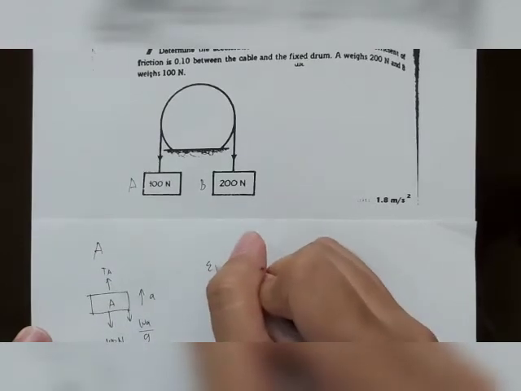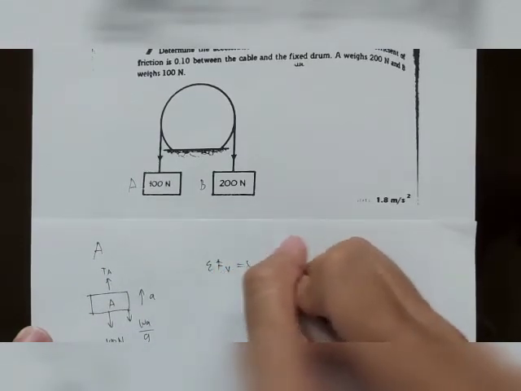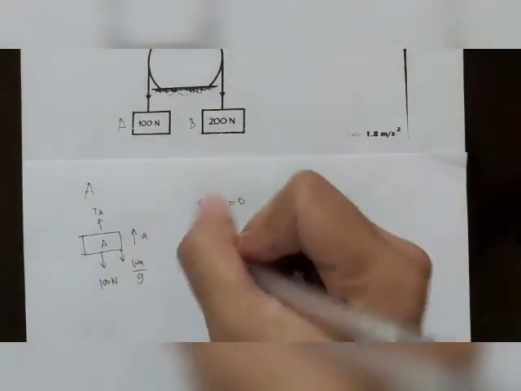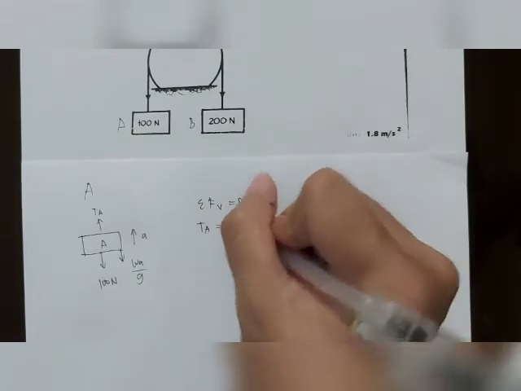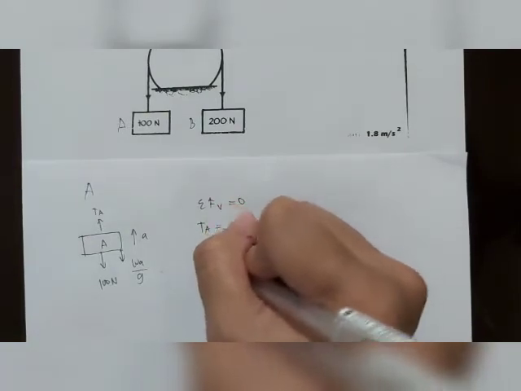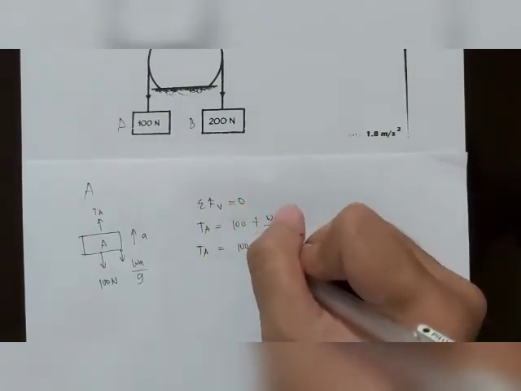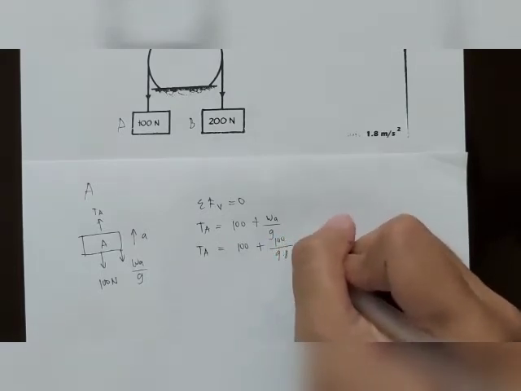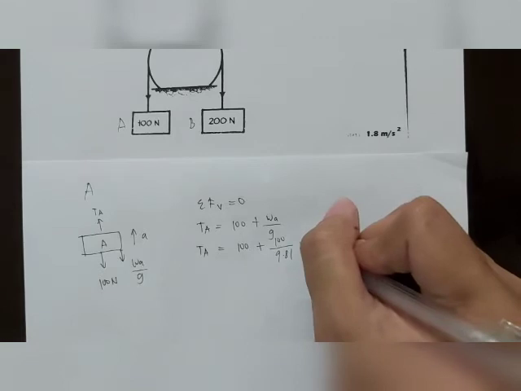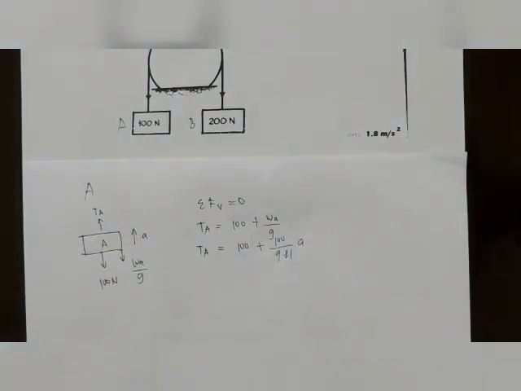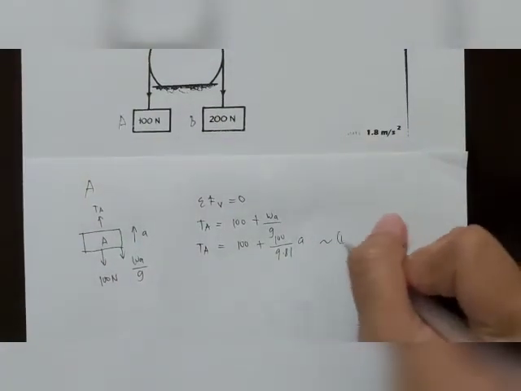So, summation of forces vertical is equal to 0, where tension A is equal to 100 plus WA over G. So, substitute natin values. TA is equal to 100 plus 100 all over 9.81, which is the gravity, times the acceleration. Okay, so this will be equation 1.